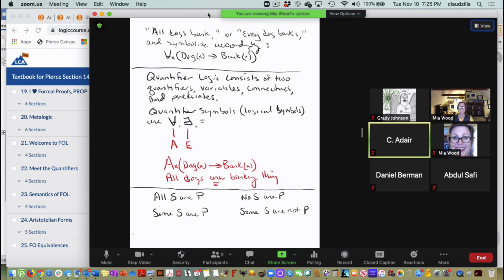The compound statements are at least one simple statement and at least one connective. How many connectives are there? Just the three. Then as we got to the propositional portion of the show, we talked about the conditional and the biconditional. So now we have simple statements and 5 connectives. That's it for the whole system.